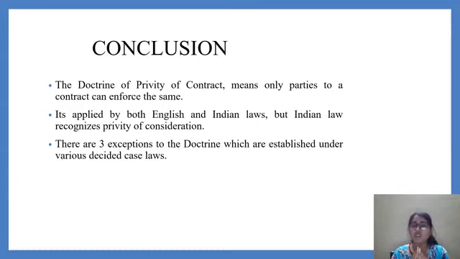The doctrine of privity of contract simply means that only parties to a contract can enforce the same and no other person. It is recognized and applied by both Indian and English laws, but Indian law recognizes privity of consideration because it is specifically given under section 2 clause (d) of the Indian Contract Act 1872, and we have also learned the three exceptions.